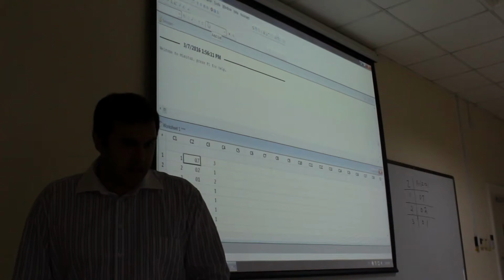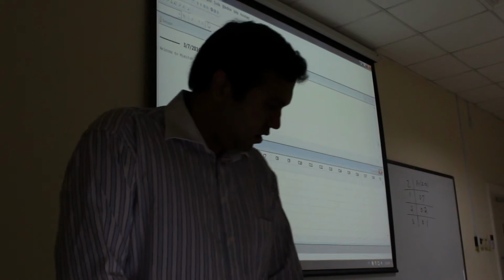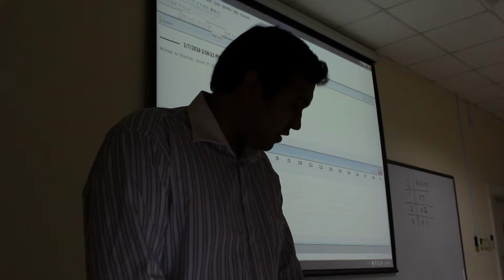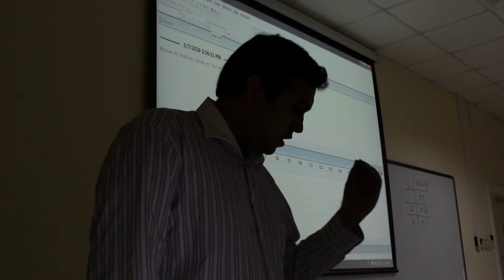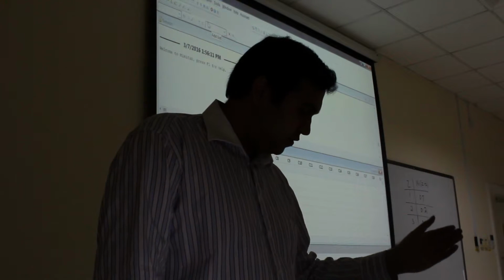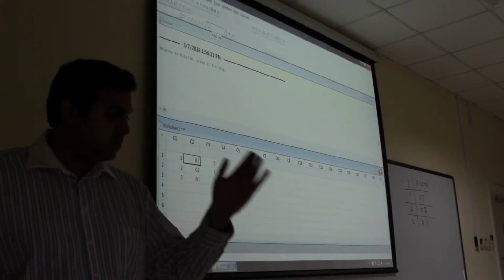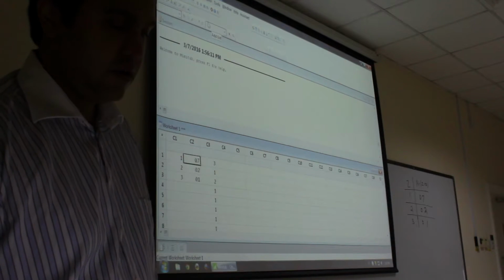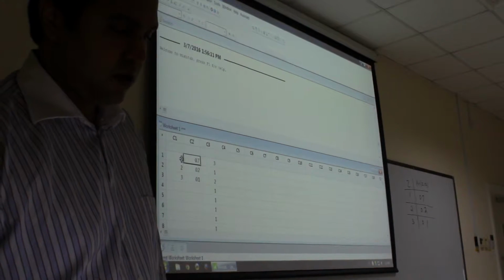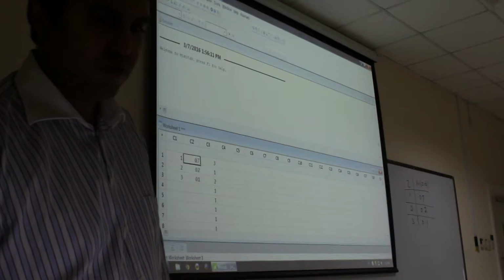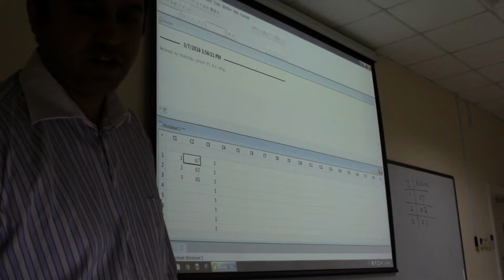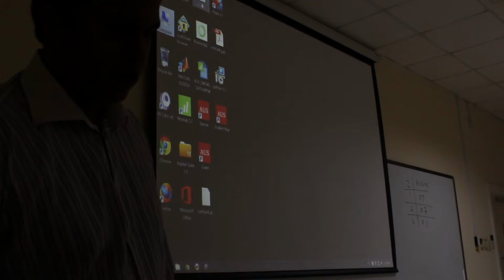Okay, so let's simulate a normal distribution. Question 2a asks us to do precisely that. It says, simulate 100 random values from a normal distribution specified with mean 60 and standard deviation 8. Because it tells you to save in C1, you could just close this and open it again if you want.